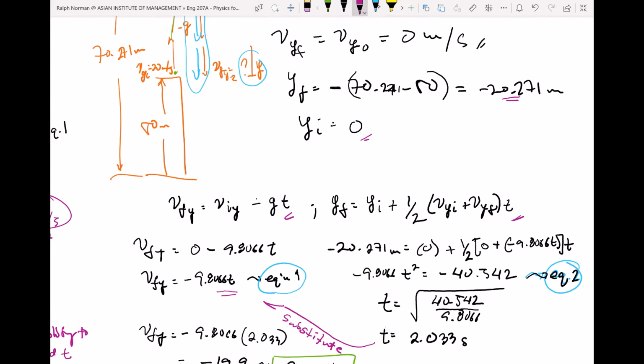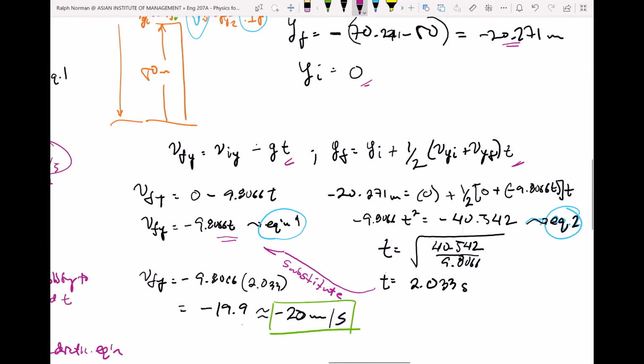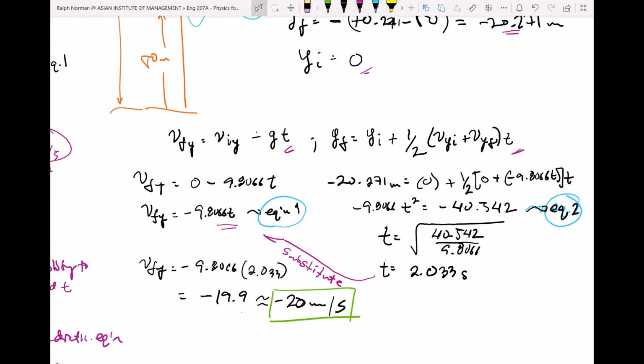Then you simplify here to get it in terms of t. You would get the time at 2.03 seconds, a slight variance from the 2.0439. From here, you substitute the time into your first equation, and you would get negative 19.9, or almost negative 20 meters per second. I hope that's easy to understand and to follow.